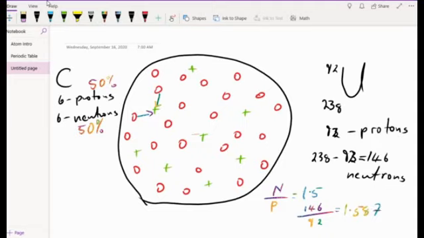Whereas in this case, for carbon, 6/6 is equal to 1. So that's the reason why heavy elements are unstable, while light elements are stable. Even elements with a neutron-proton ratio as close as 1.45 can be found to be unstable also. So it's just a matter of the protons and the neutrons.